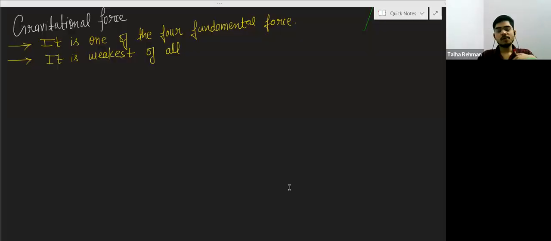So this magnet will somehow attract this pen, na? And that force is known as the electromagnetic force. Why does the magnet attract the iron? Due to the electromagnetic force. But here you can see that these things are not attracting each other, so gravity is the weakest of all. You can say this force is weaker than the electromagnetic force that we will discuss later.